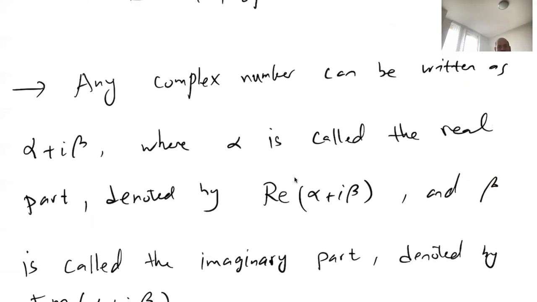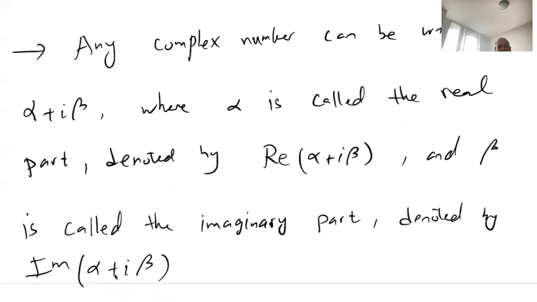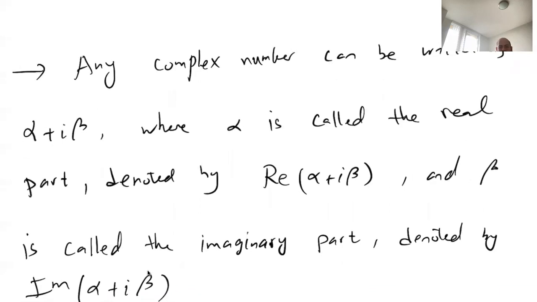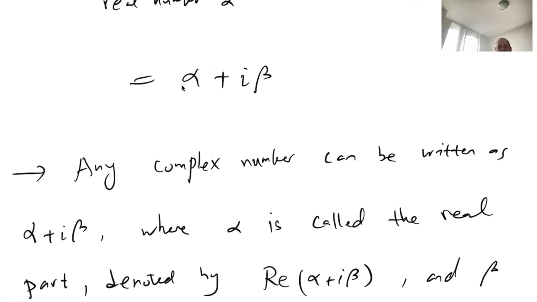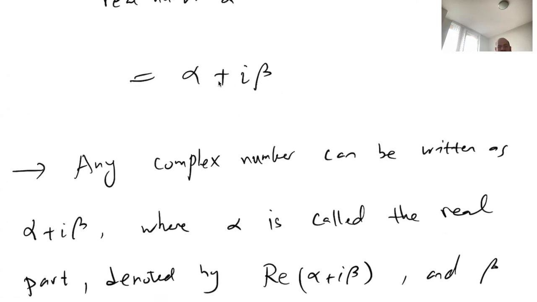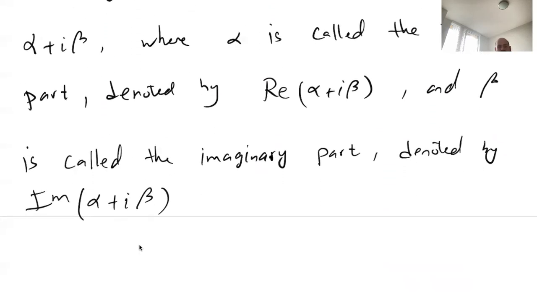This is the general form of a complex number, alpha plus i beta.